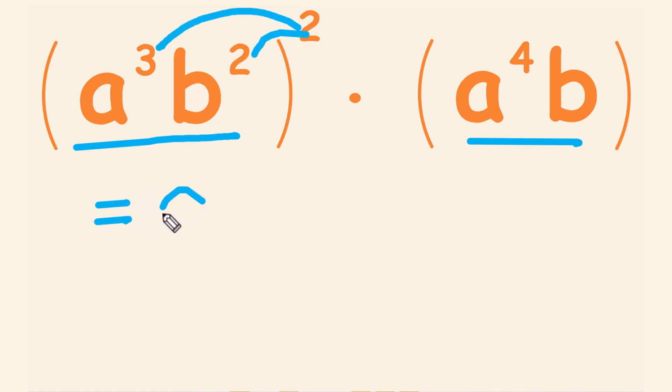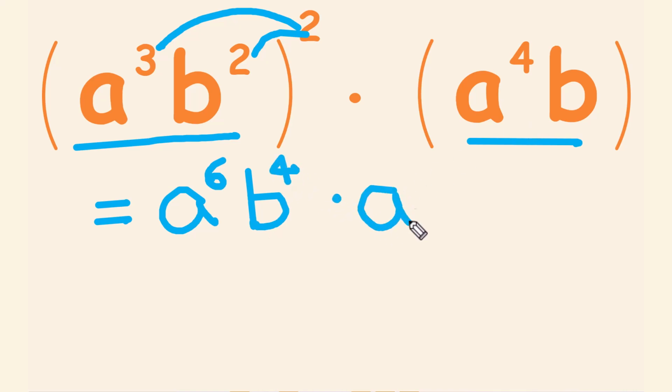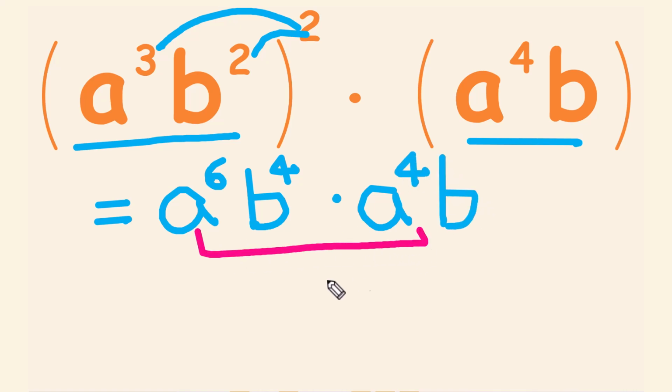There's nothing we can do within the parentheses. So that will be a to the 6th power, b to the 4th power. Let's rewrite a to the 4th power and b. Now let's add the exponents of a and let's add the exponents of b.